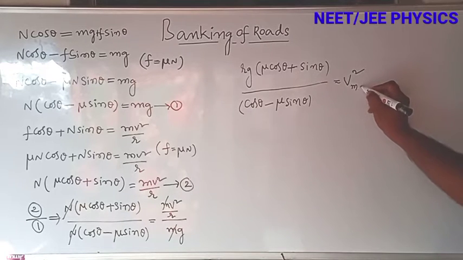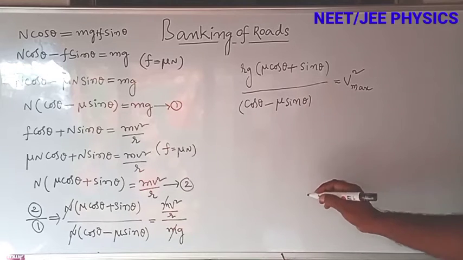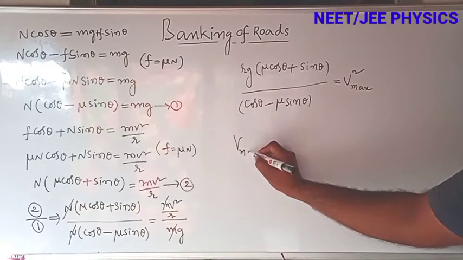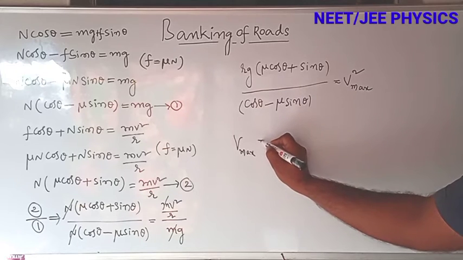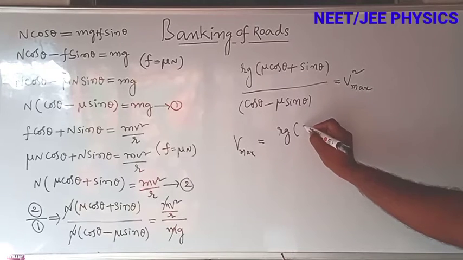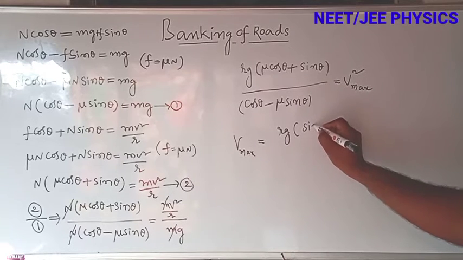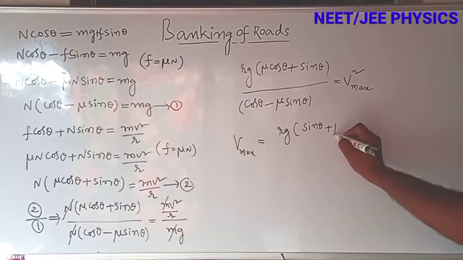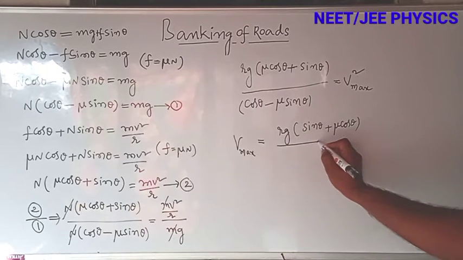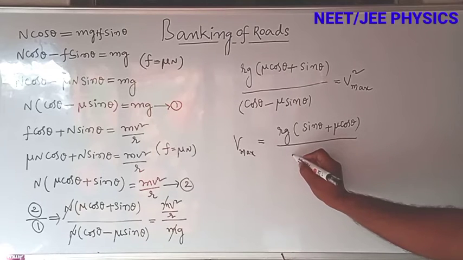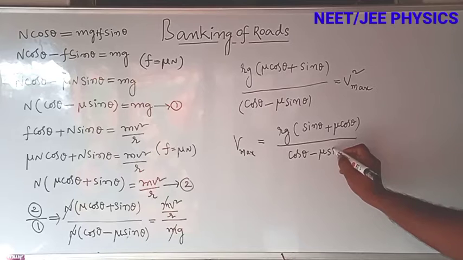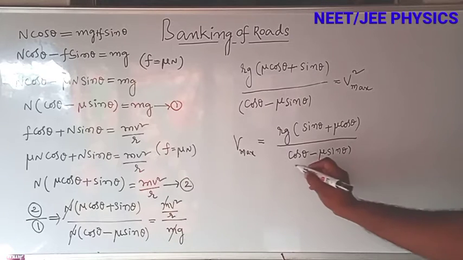If you want the maximum velocity, remove the square, and V maximum equals the square root of rg into mu cos theta plus sin theta upon cos theta minus mu sin theta.